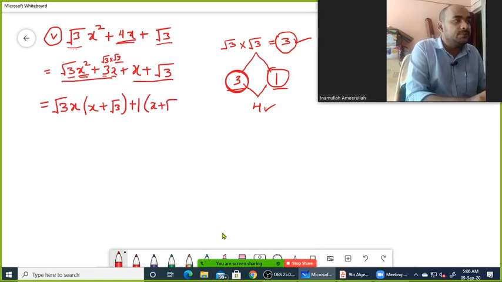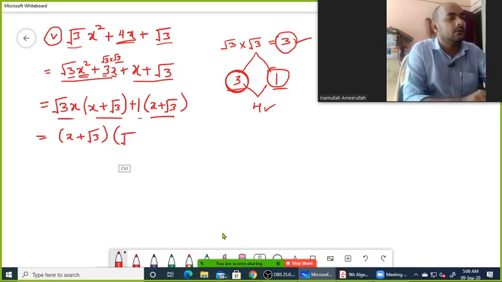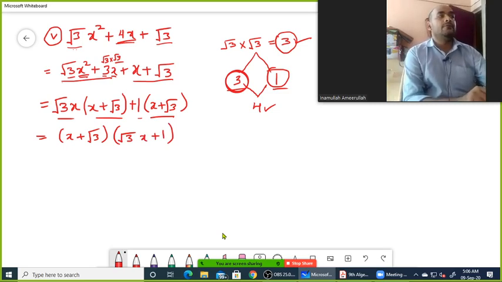So x plus root 3 will be left. x plus root 3, x plus root 3 twice, so we can write it once as a common factor, and other factor will become root 3x plus 1. So these are two required factors of given quadratic polynomial.